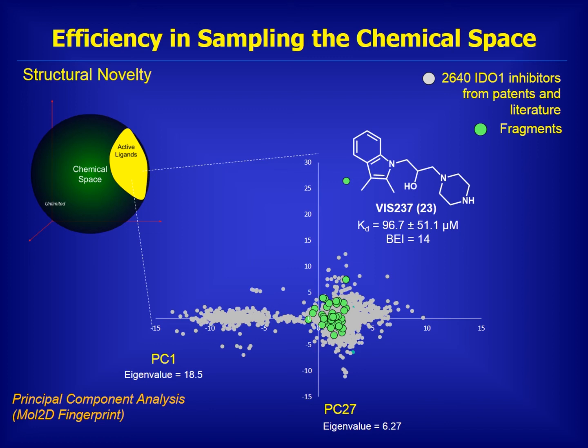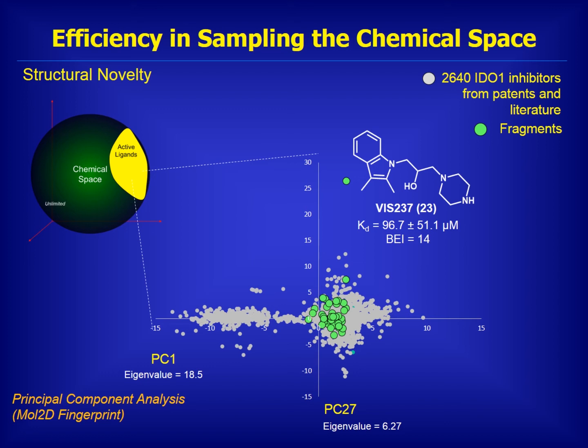Navigating the dimensions of this space, we identified one compound, BIS-237, that was occupying a remote and unmined region of the chemical space, located far away from the other molecules.